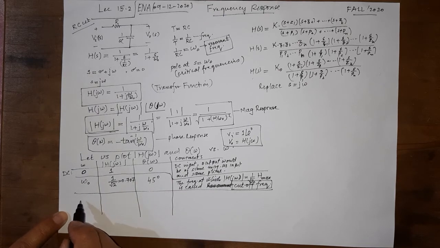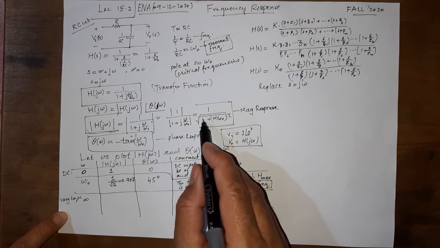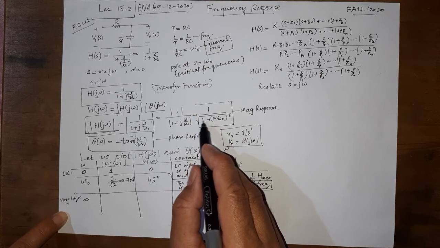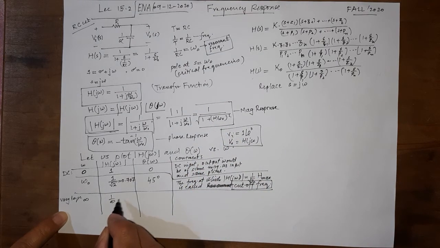So what is going to happen if omega is equal to infinity? That is, a very large value. So we have infinity over something, k square is infinity, 1 over infinity plus 1 is infinity, square root is infinity, 1 over infinity is 0.